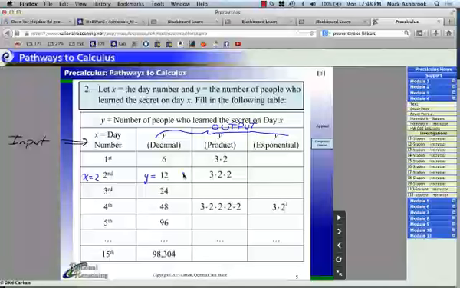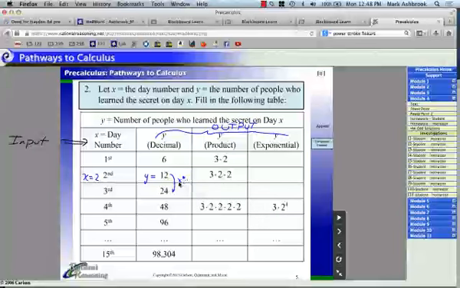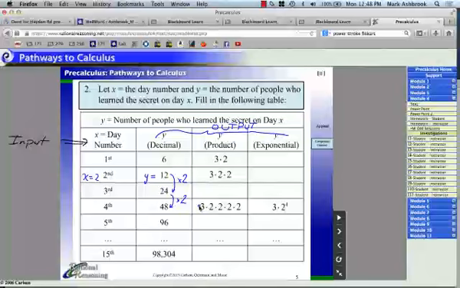Is 24 an input or an output? Output. The output is getting doubled to give us the next output. Really crucial to understand these functions. It gives us the output the next day. You see? We doubled one output, we get the output the next day.